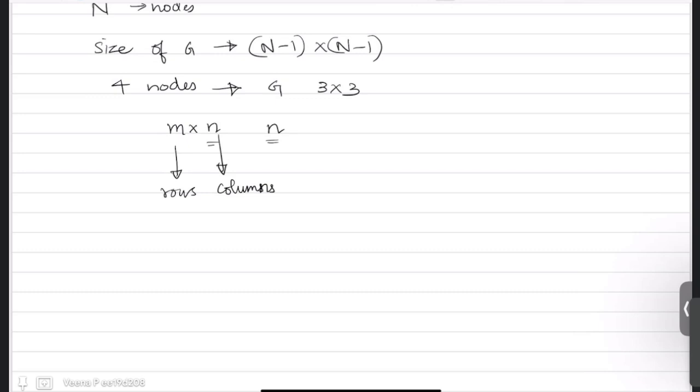Now this matrix can only be multiplied by another matrix whose number of rows is same as the number of columns of the previous matrix, and its size can be anything, say n cross h. When you multiply this matrix with this matrix, you get a matrix whose size is m by h. I hope this is clear.